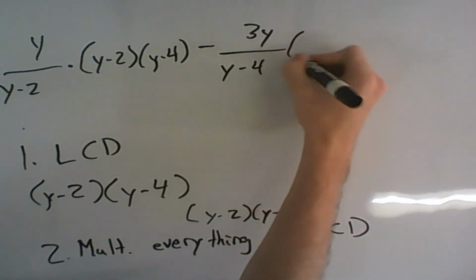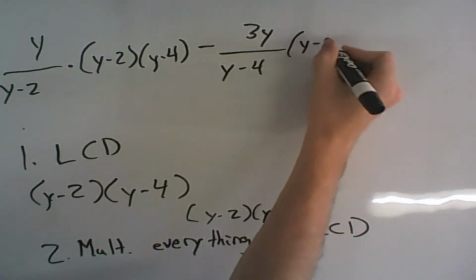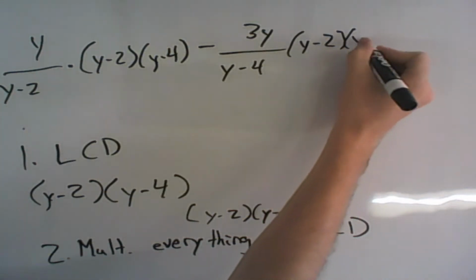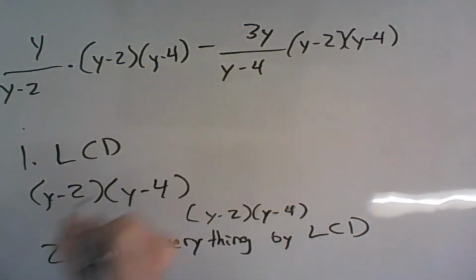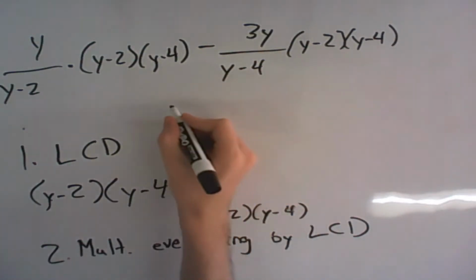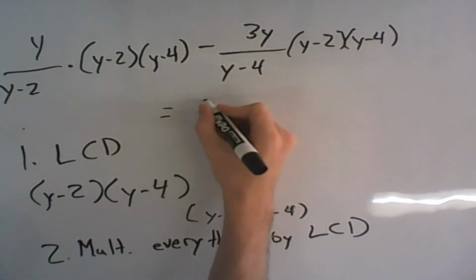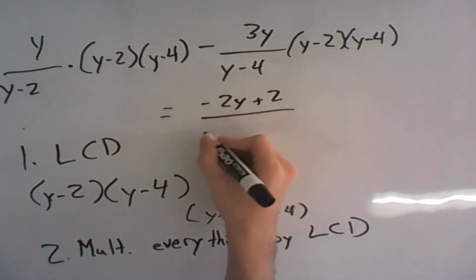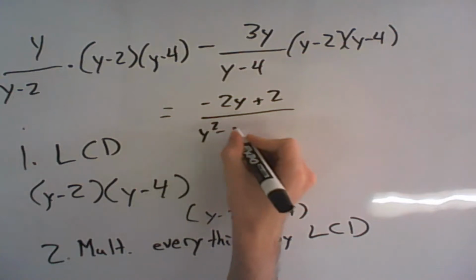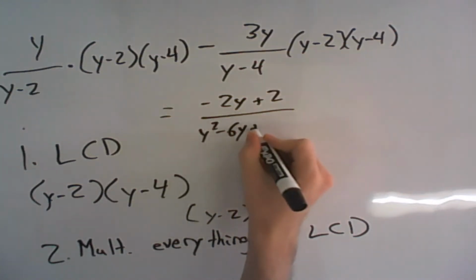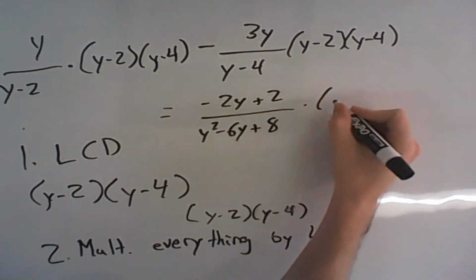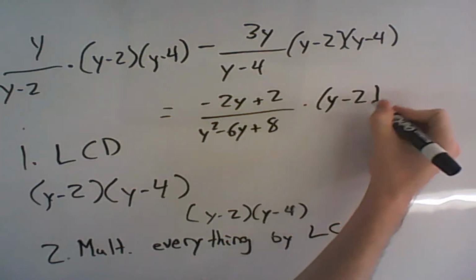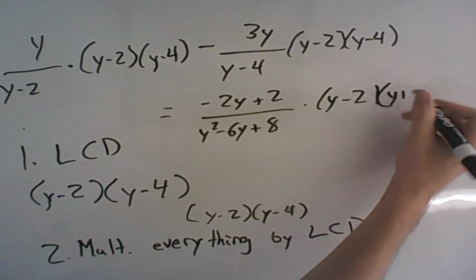And we're going to multiply this by y minus 2 times y minus 4. Now, I'm going to put the equal sign down here. It equals negative 2y plus 2 over y squared minus 6y plus 8 times y minus 2 times y minus 4.